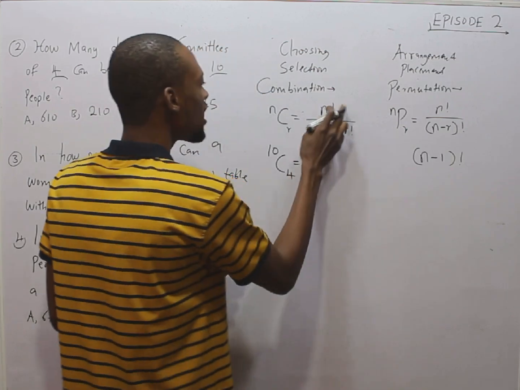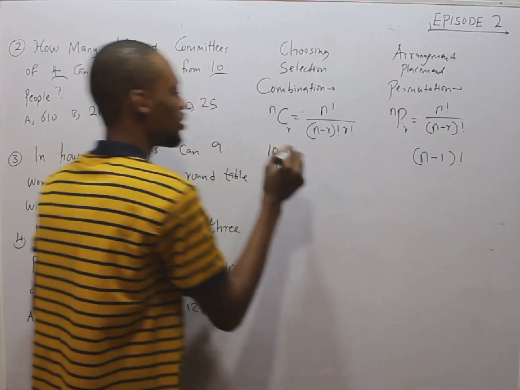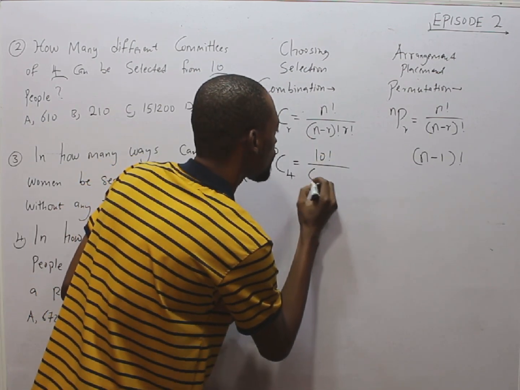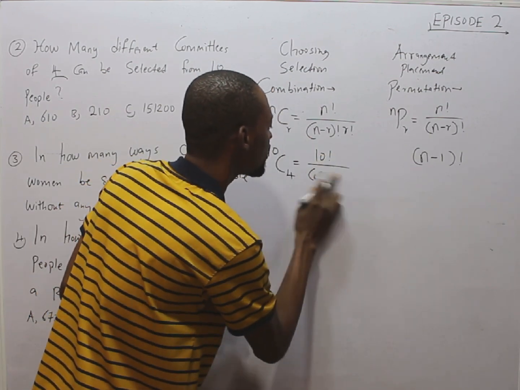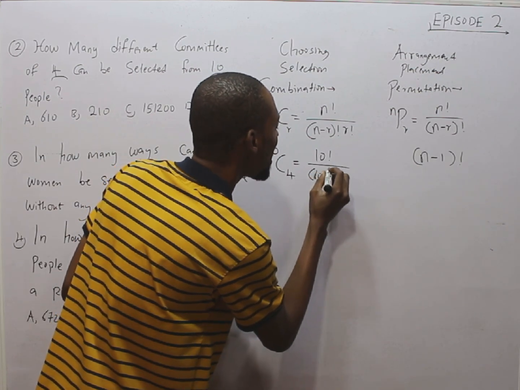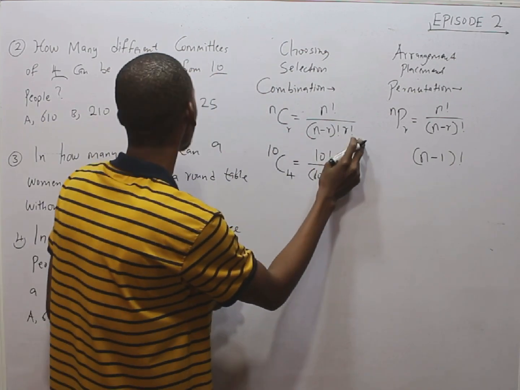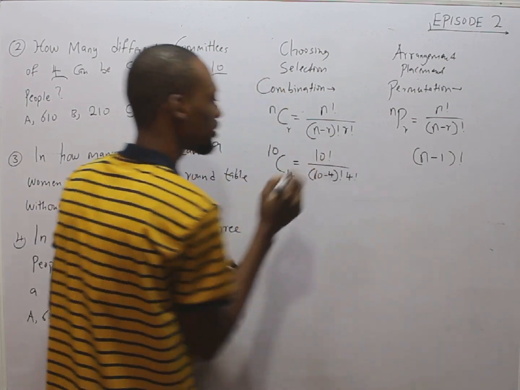This equals n factorial. n is 10. So 10 factorial over n minus r factorial, which is 10 minus 4, and then r factorial, which is 4 factorial.